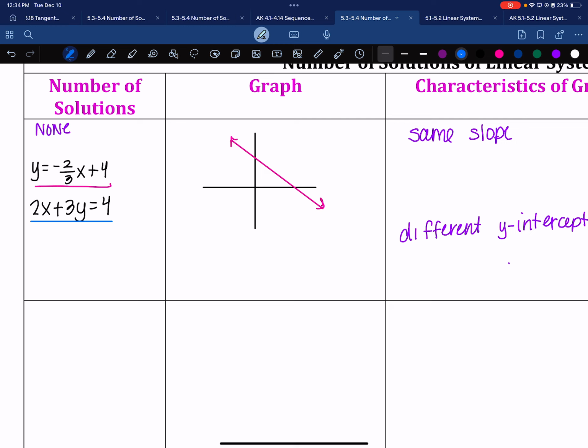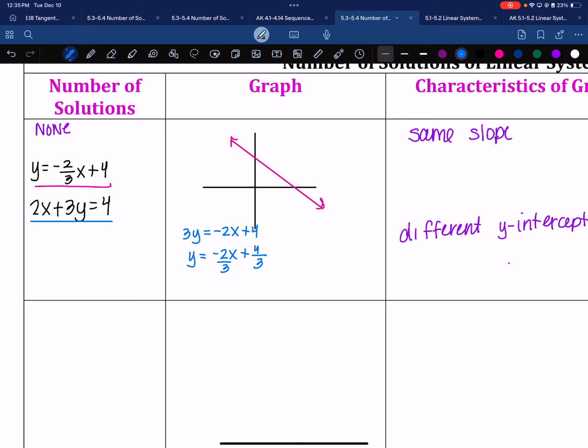Can we get y by itself? So 3y is negative 2x plus 4. So y is equal to negative 2 over 3 x plus 4/3, right? When we divide by 3, we divide everything by 3.